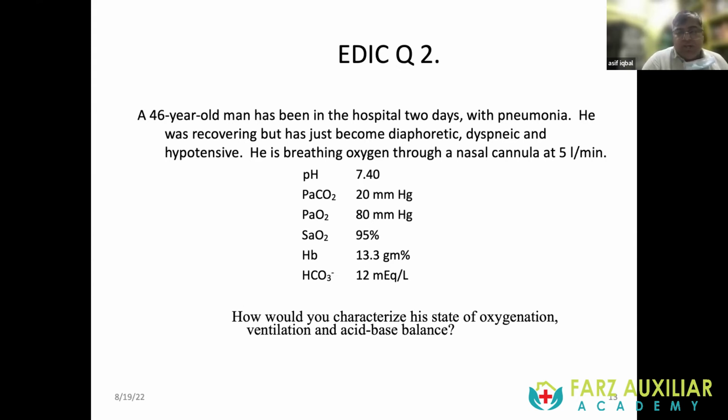So 1 liter equals 0.04, so 5 liter is 0.04 into 5 is 0.20, and the normal here is 0.21. So it's 0.4 FiO2 or 40% FiO2. That's absolutely correct. So regarding the ventilation status, it is okay.